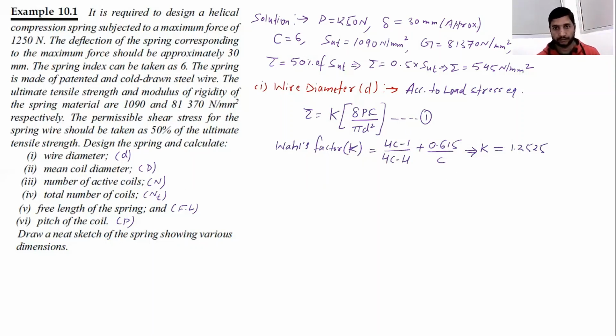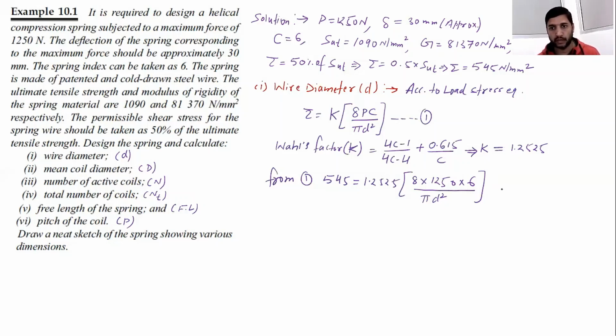Now from equation 1, we have tau as 545 equal to 1.2525 into 8 into P, P is 1250, into C, spring index 6, divided by pi d square. So in this question now, there is only one unknown, which is d.